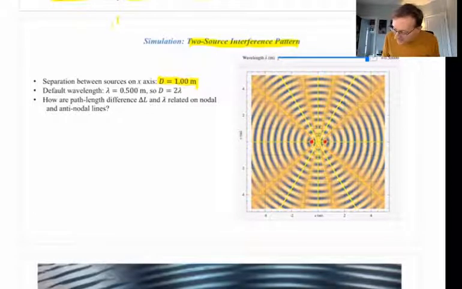That distance d is right there. That's the distance along the x-axis that they are separated from each other. So they are fixed at a separation d of 1 meter. The default wavelength, lambda, is 0.5 meters. So, let's just note, we have a situation where the distance between the 2 sources, d, happens to equal 2 times the wavelength of the waves that they are emitting.